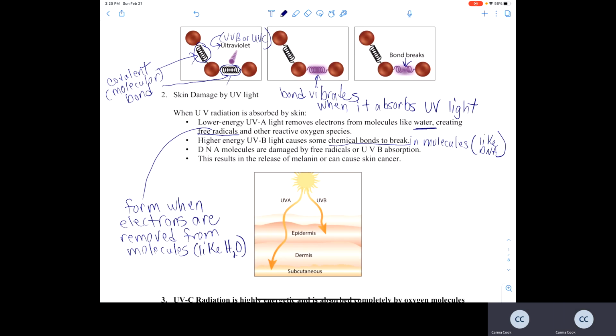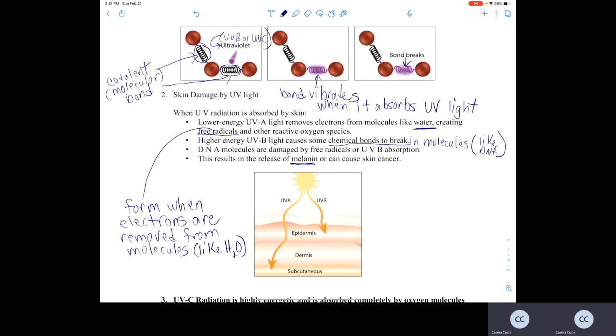So DNA molecules are damaged by the free radicals that form when UVA radiation removes electrons from molecules like water. And DNA molecules are also damaged directly by UVB absorption, because UVB absorption has the ability to break the bonds in DNA.